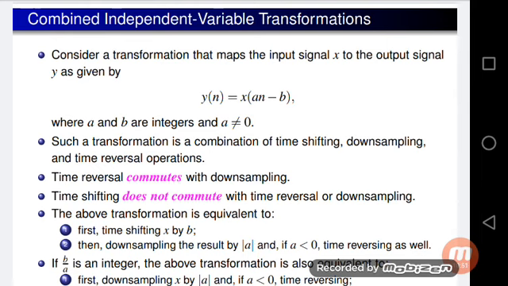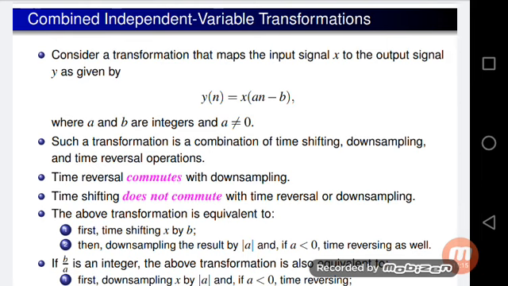Such a transformation is a combination of time shifting, downsampling, and time reversal operations.